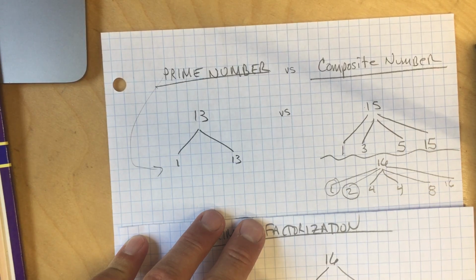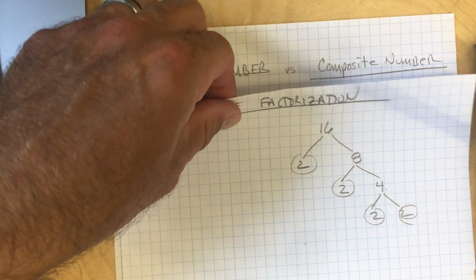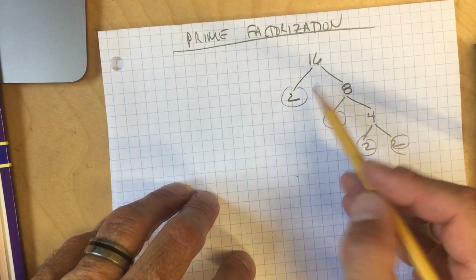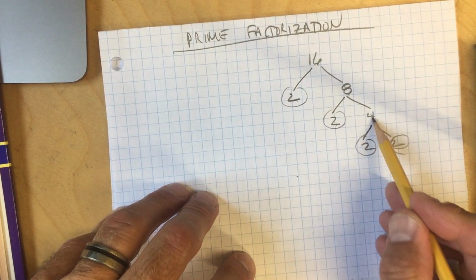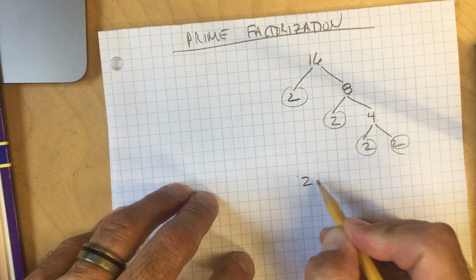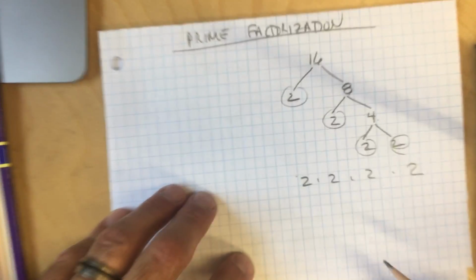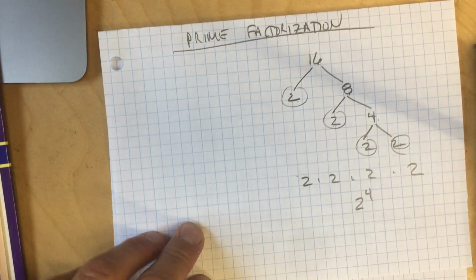Now we have all prime numbers. So, oops, you couldn't see that the whole time. So 16, 2 and 8. 8 is not prime. 2 times 4. 4 is not prime. 2 times 2. So now we know 2 times 2 times 2 times 2. That's the prime factorization of 16, 2 to the 4th power.